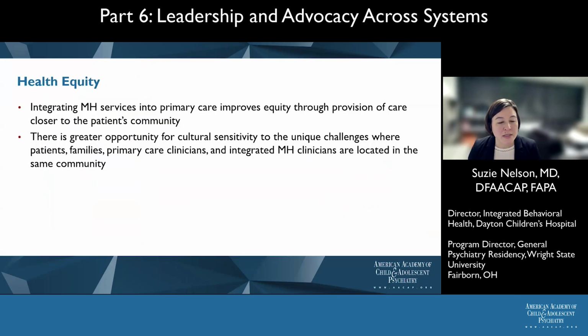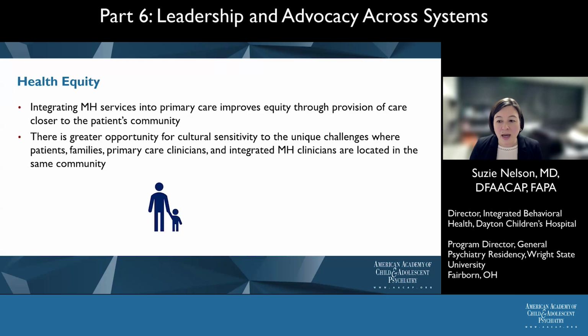In addition to this, we all know that part of improving access to mental health services for children is about achieving better health equity. Integrating mental health services into primary care improves equity through provision of care that's ultimately closer to the patient's community.